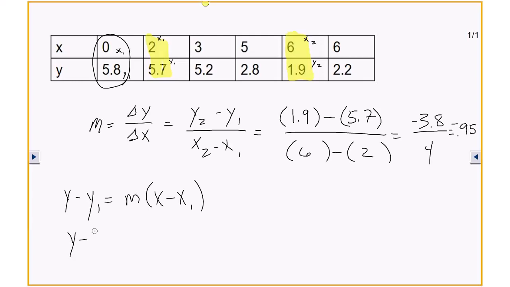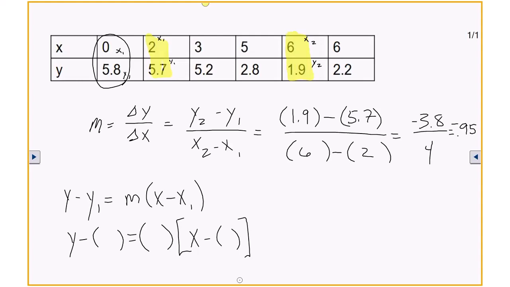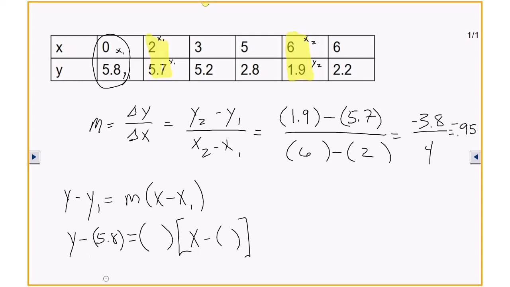y minus parentheses equals parentheses times x minus parentheses. And my y sub 1 is 5.8. My m is negative 0.95, and then x minus 0.